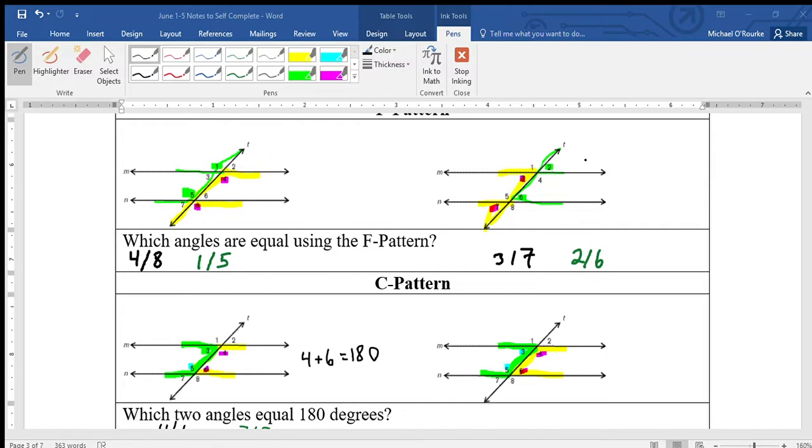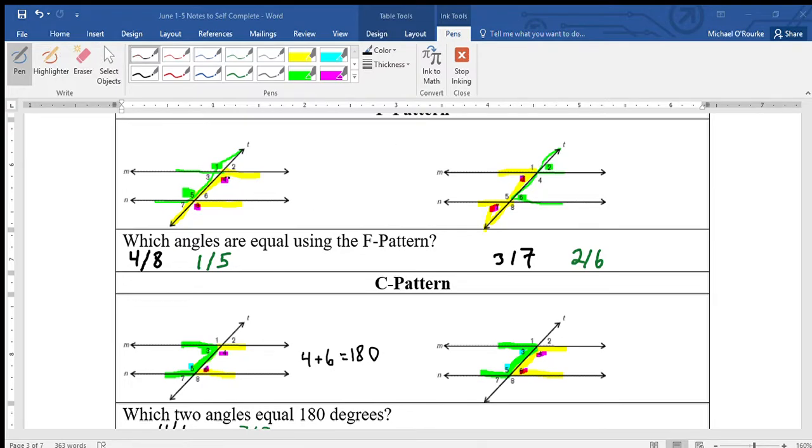And you can see I put the little arrows on all these. If you tell anyone in the future on a test, I will not put arrows on this. Therefore, if you answer it, you'll be wrong because you don't know if they're parallel or not. So what shape can we make here that helps us out? Well, there's two angles on the inside, so we're going to make a C. This is like co-interior angles, I think that's the official word for it, but let's just say C pattern.